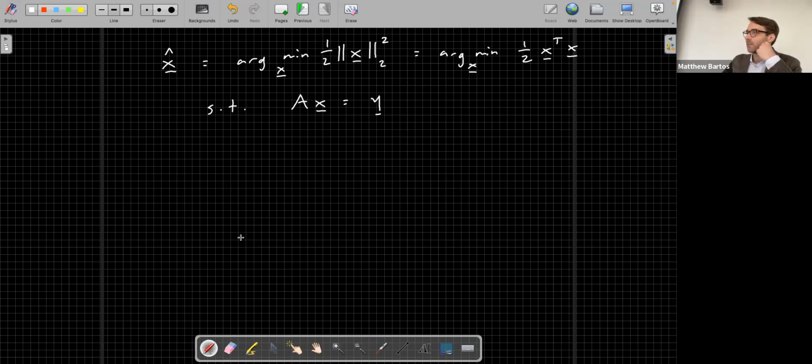For those who have taken Dr. Stella's class, what's one way that we can solve a constrained optimization problem like this? What's a general solution procedure for finding solutions to constrained optimization problems like this one?